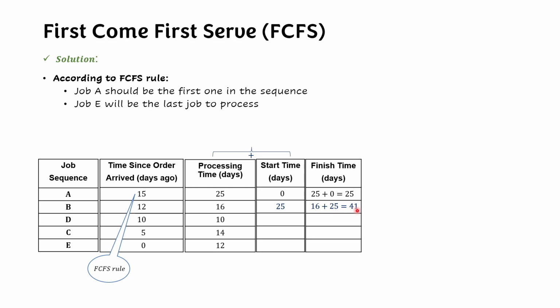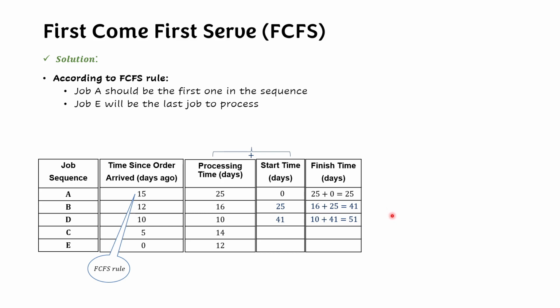Once we finish job B on the 41st day, we will move on to the next job. The next job in the sequence is job D, which requires 10 processing days. We will complete job D on the 51st day since we start job D on the 41st day, that is, after the completion of job B.